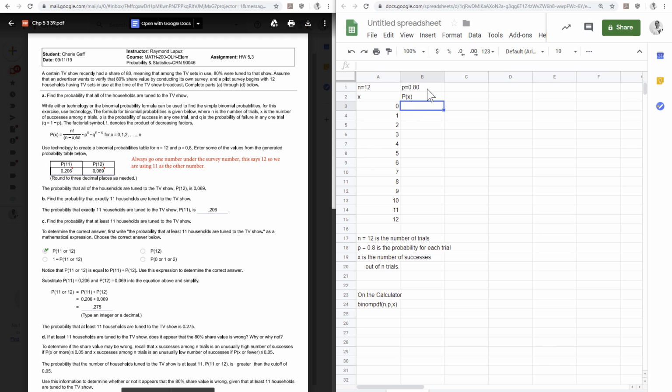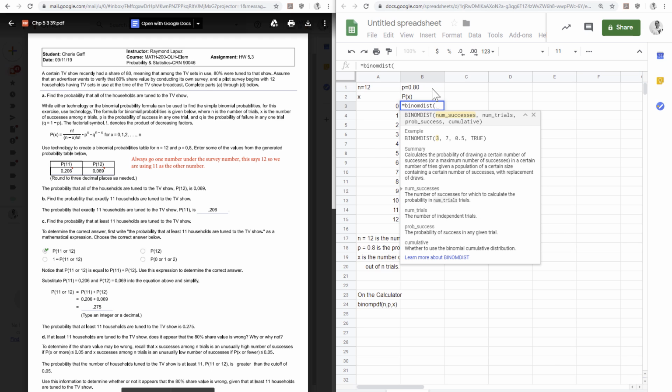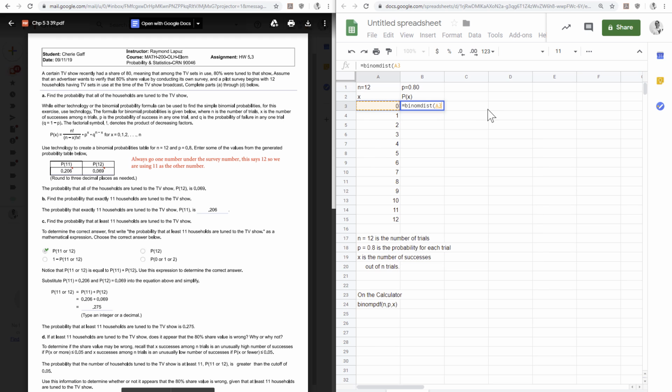And I'm going to do this in a spreadsheet where there's a special command. I'll put equals, and the command is BINOM.DIST. And then they want the number of successes, which will change as I do this. So I'm going to click on 0 there, comma.